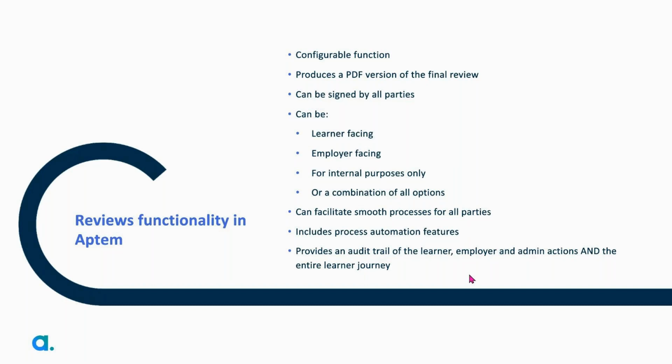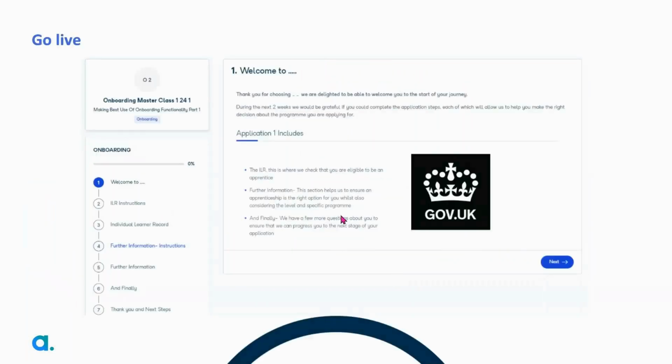The reviews can also include process automation features. And following on from our previous webinar where we talked about preparing for a SAR, this particular feature provides that audit trail of the learner, employer and admin actions, and it also captures the entire learner journey for any of our external parties. So let us dive in.